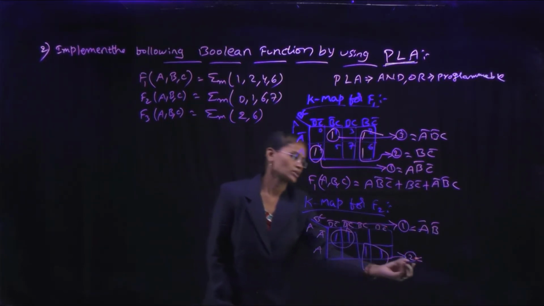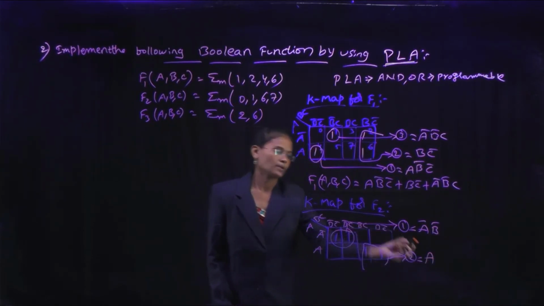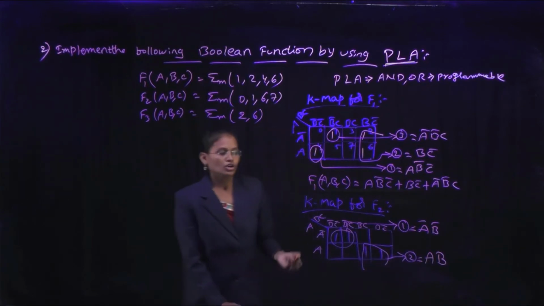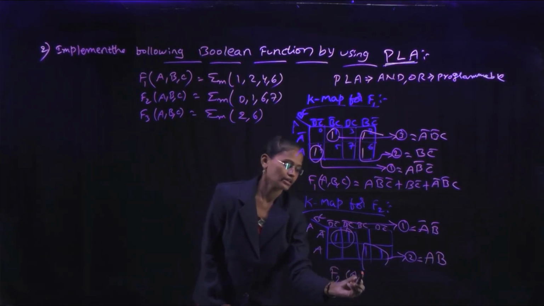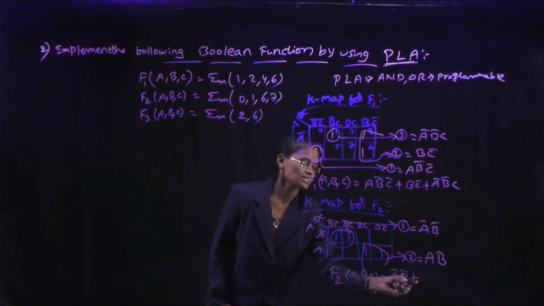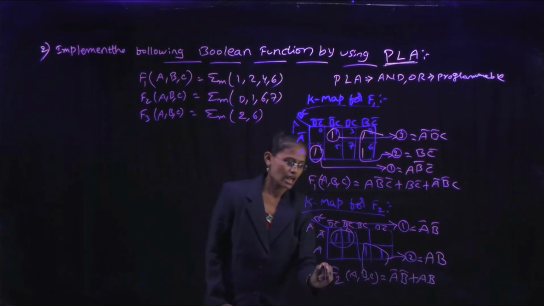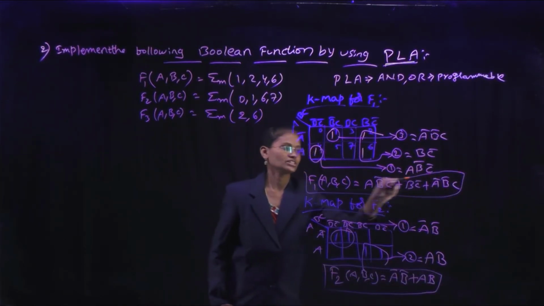B is the common variable. F2 of ABC equals A bar B bar plus AB. This is the F2 equation and this is the F1 equation.